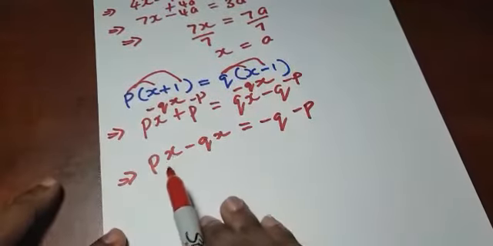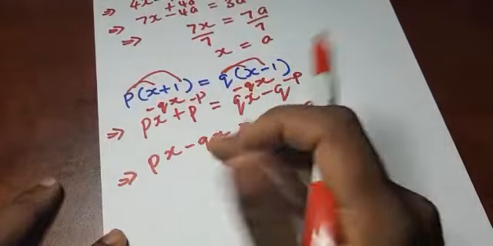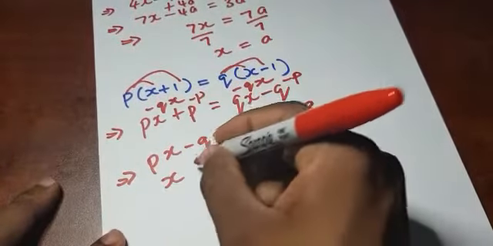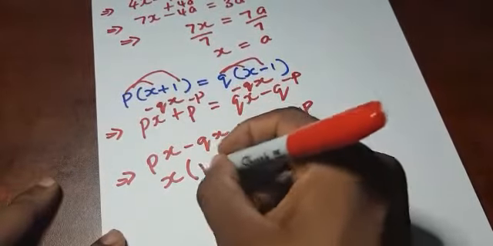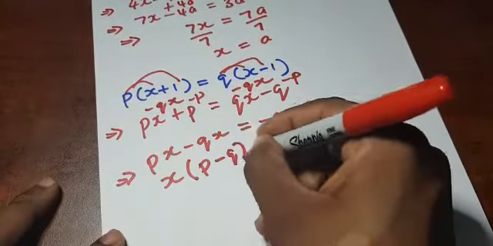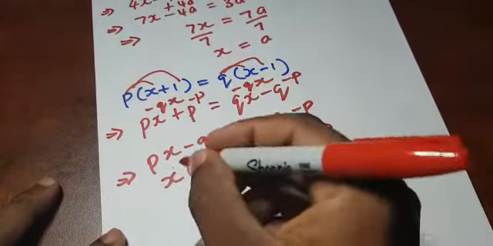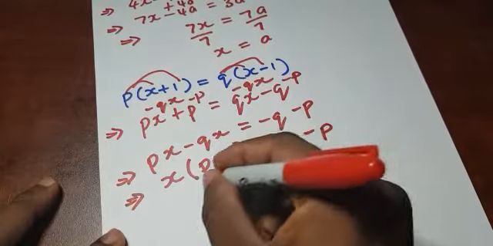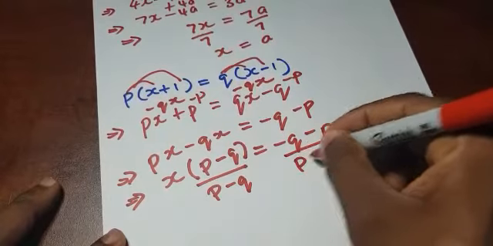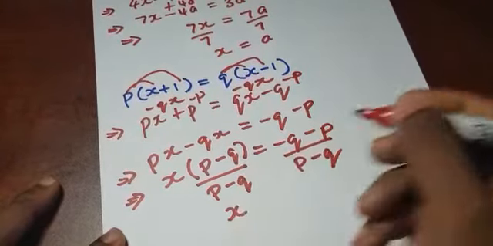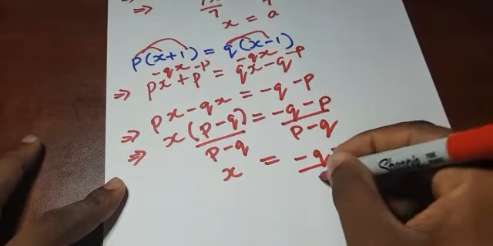And then the only thing we can do here to get a single x is to factor out the x from these two terms, and then write p minus q in brackets, equal to minus q minus p, and then lastly divide both sides by p minus q, and we arrive at x is equal to that over this.